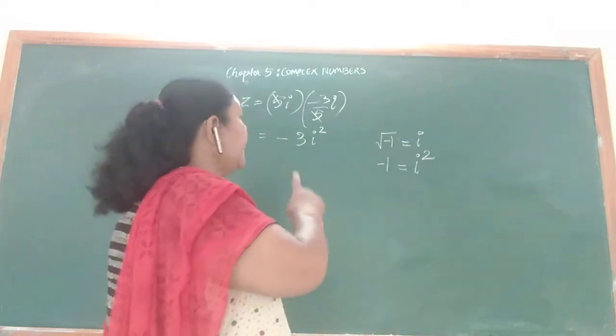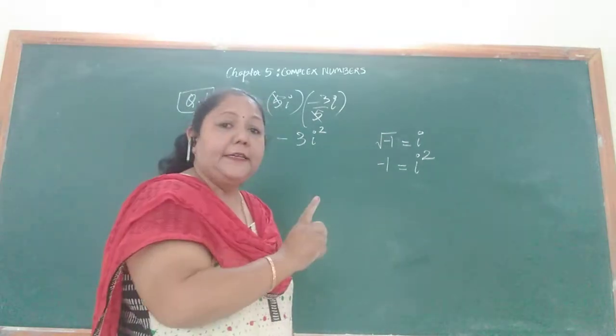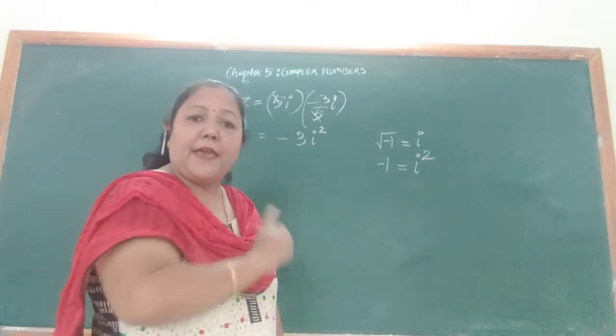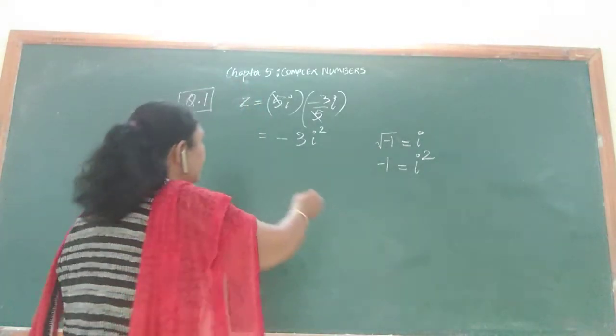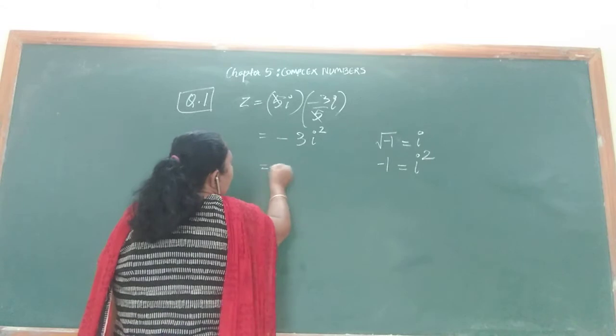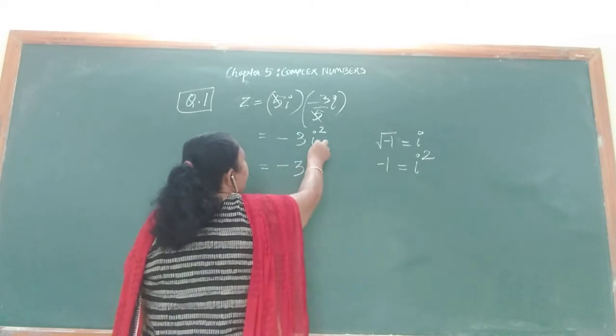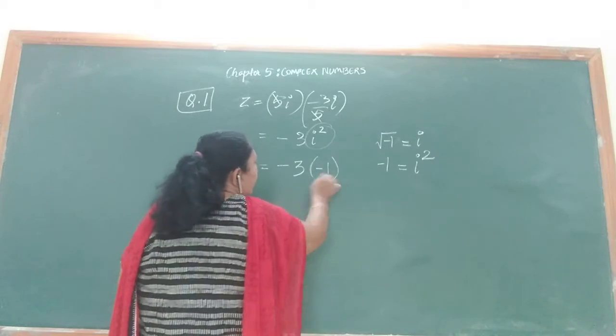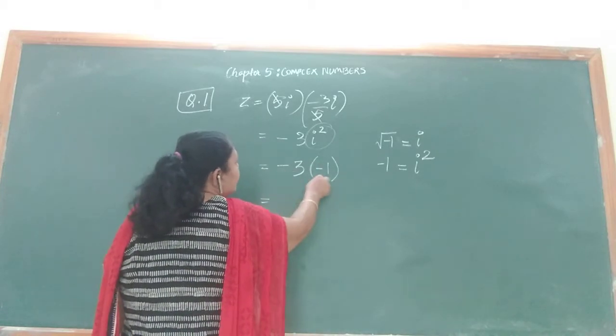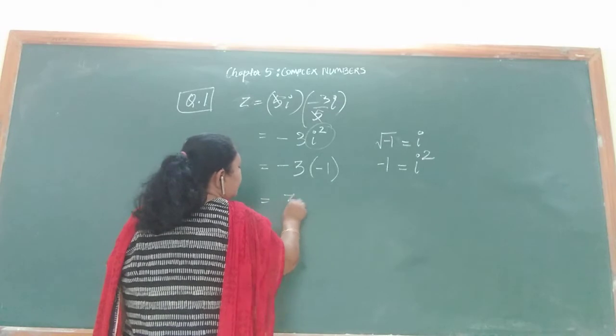Why? Because minus 1 under root is i. So here also I have minus 3 and this value of i square, I write as minus 1. Now minus 3 into minus 1 is 3.